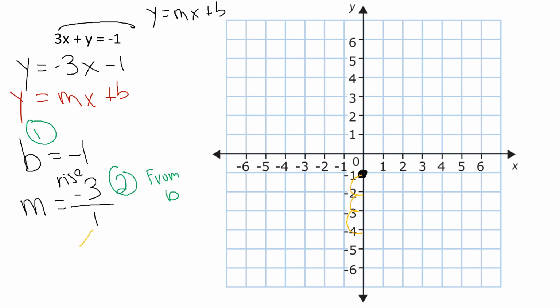And then I'm going to run 1, and we always run right. So down 1, 2, 3, and run 1, and that is my next point.